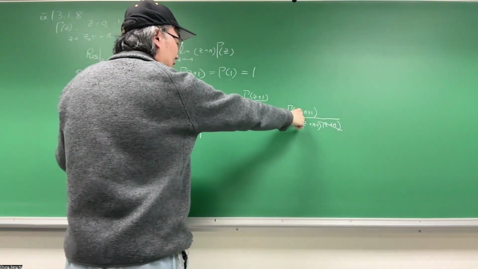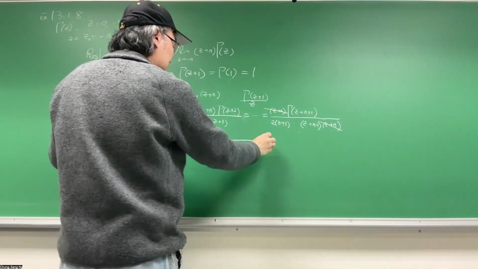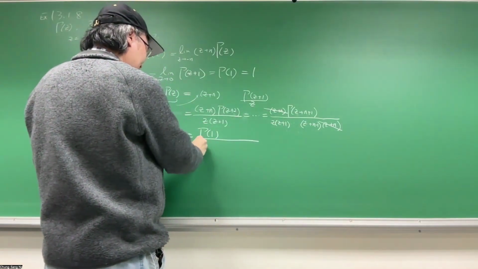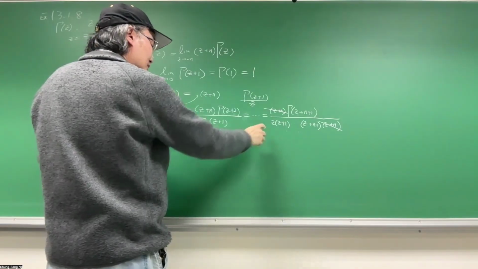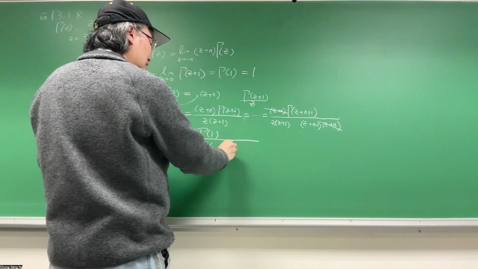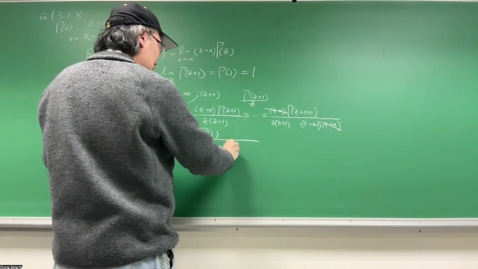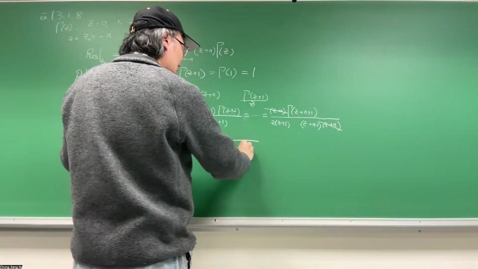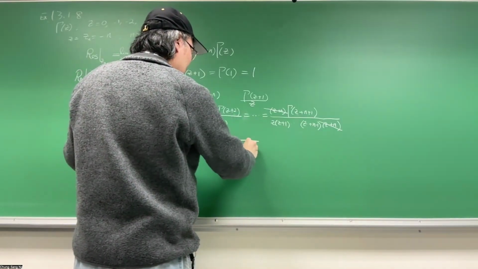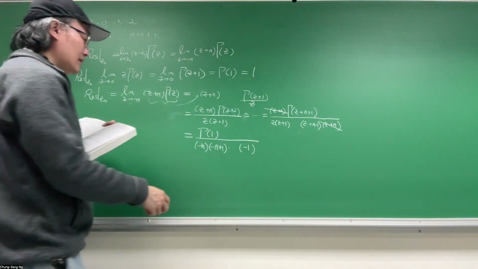So z is minus n. Now you need to be a little careful to see what those are. The first factor is minus n, the second factor is minus n plus 1, and all the way to minus 1.